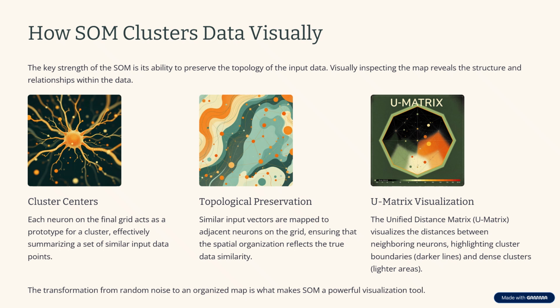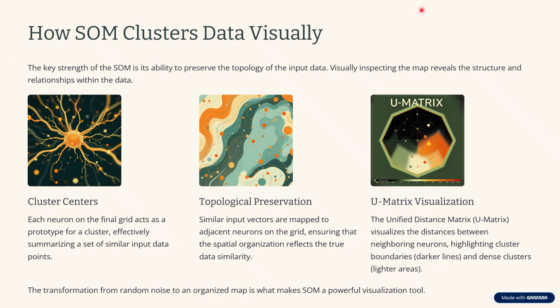The strength of SOM lies in its visual clustering abilities. Each neuron on the grid acts as a cluster center, representing a group of similar data points. Because SOM preserves topology, data points that are similar end up close together, while dissimilar ones are far apart.